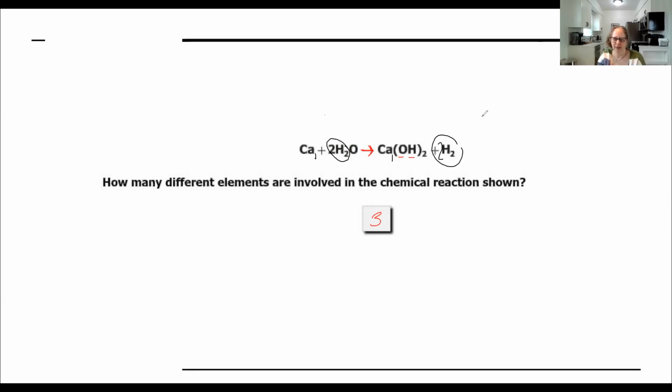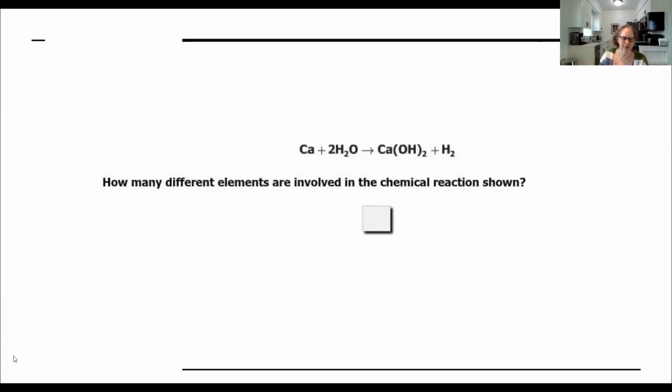There are 2 spots, so I can't just count. 2 hydrogens plus 2 hydrogens is 4. 2 oxygens on the left, 2 oxygens on the right when we distribute from those parentheses.